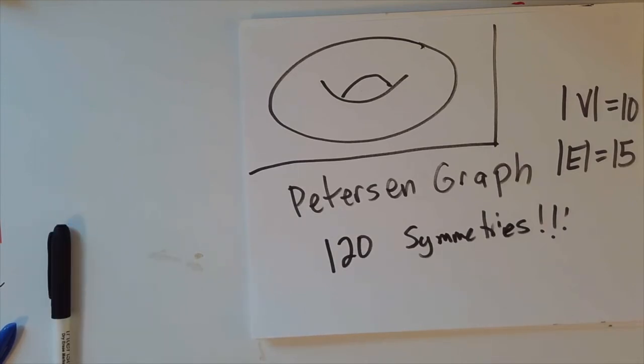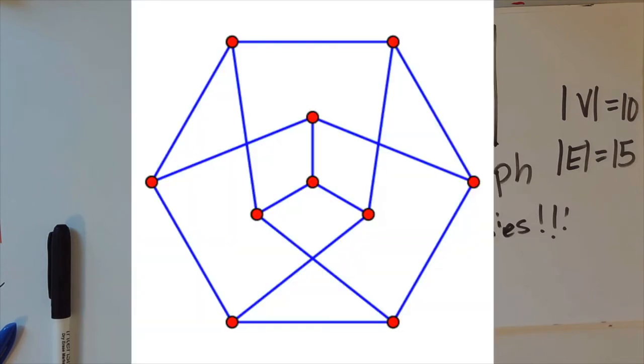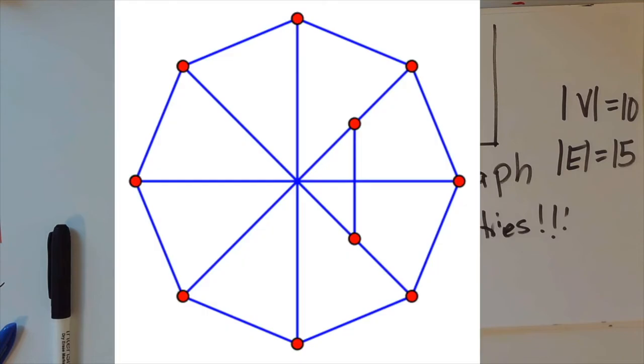And another thing that I want to note is this graph, again, has a bunch of different ways of representing it. This is what we started with. If I say the Petersen graph and draw it, this is the one I'm going to draw. But it just as much could be drawn like this, or like this. And all of these methods of drawing it are equally correct.